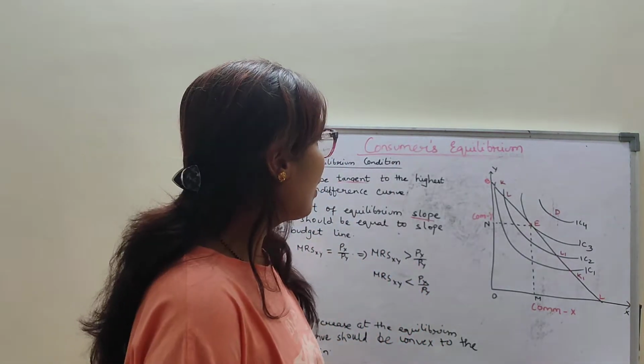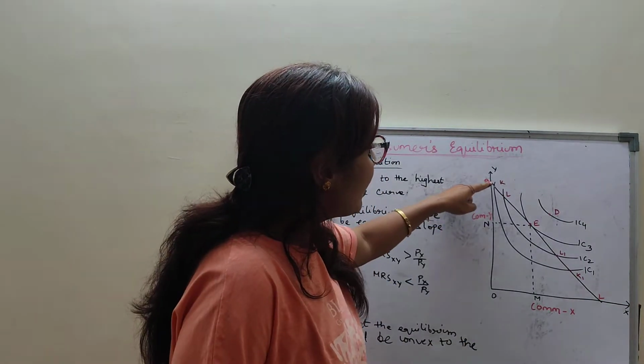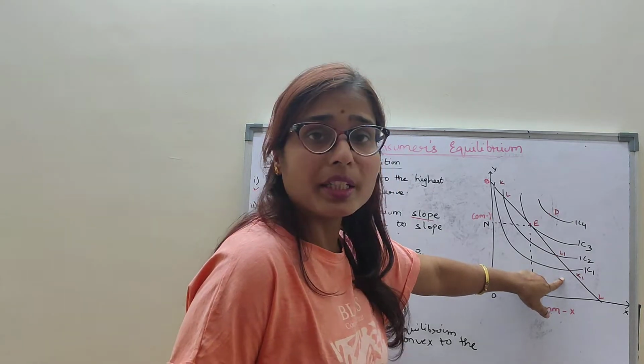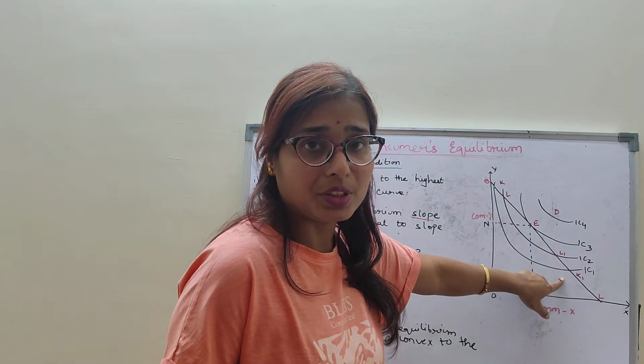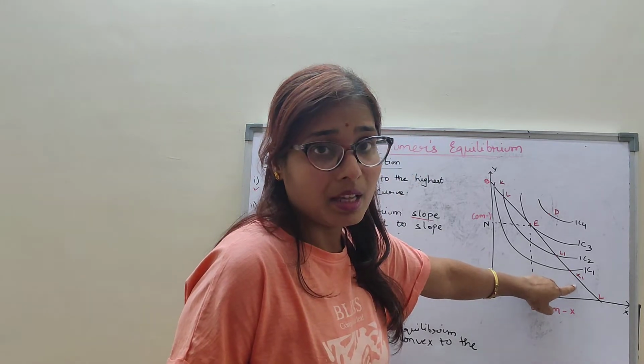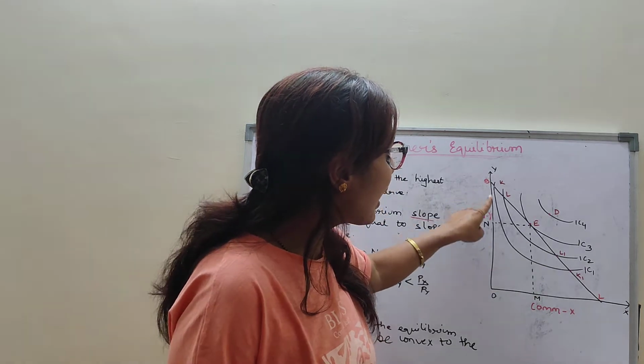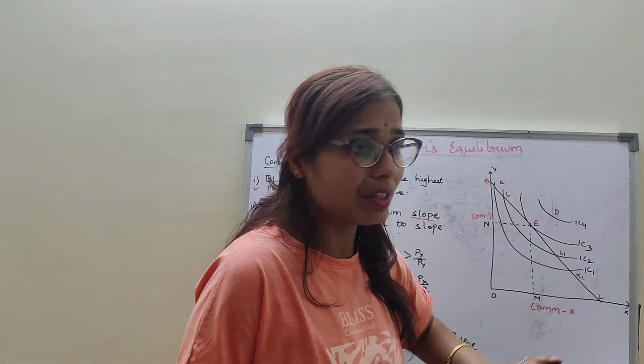Clear? Now, if the consumer purchases either the K or K1 combination, he has to incur the same expenditure because it lies on the same budget line BL. And also it will give the same level of satisfaction as it is lying on the same indifference curve IC1.